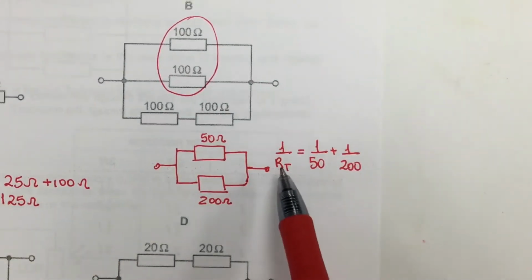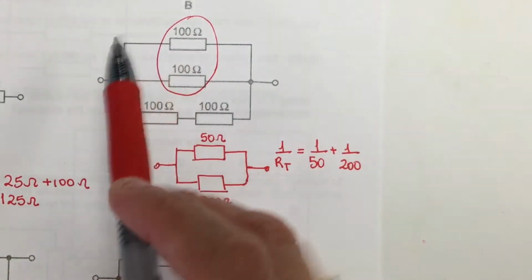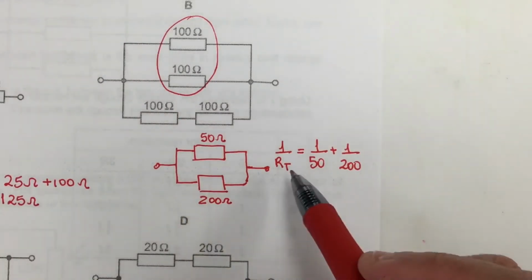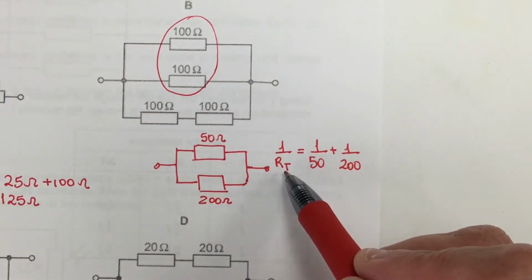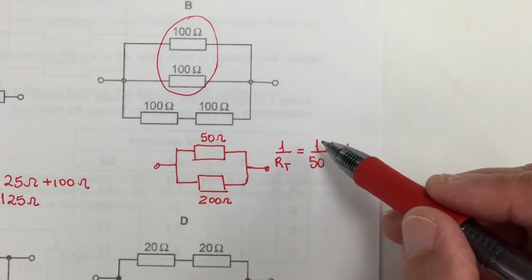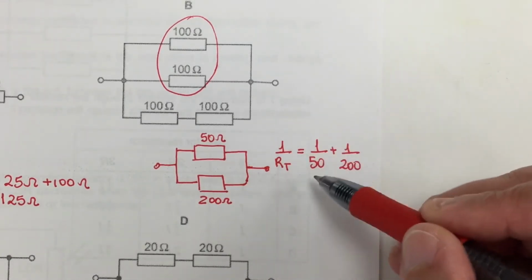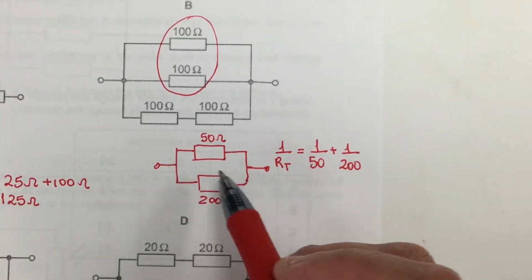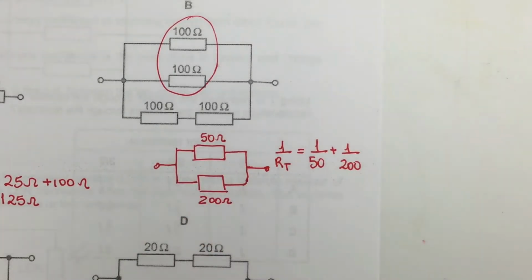Okay, so to find the equivalent resistance for option B, the inverse of the total resistance is equal to the sum of the inverse of each resistor of the circuit.